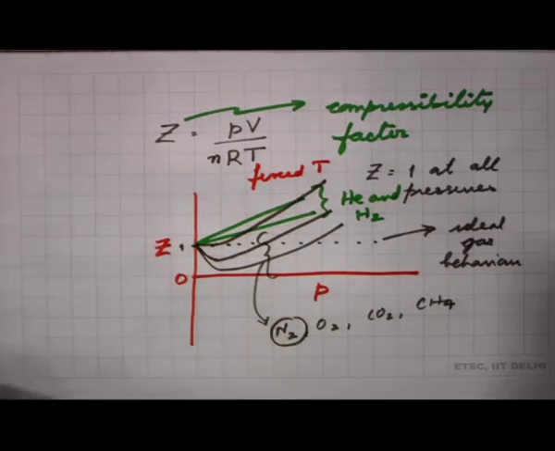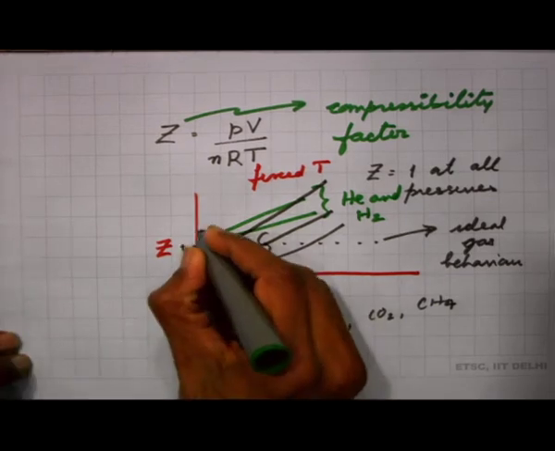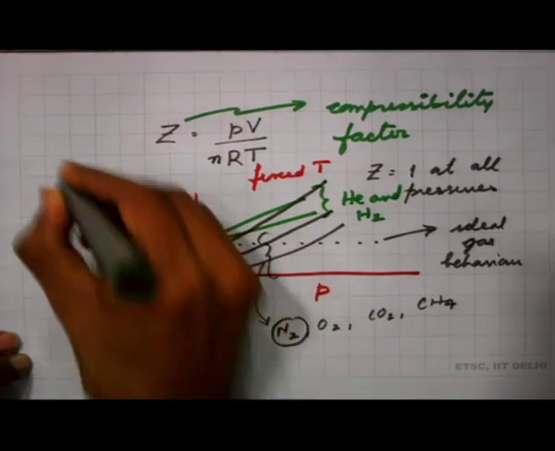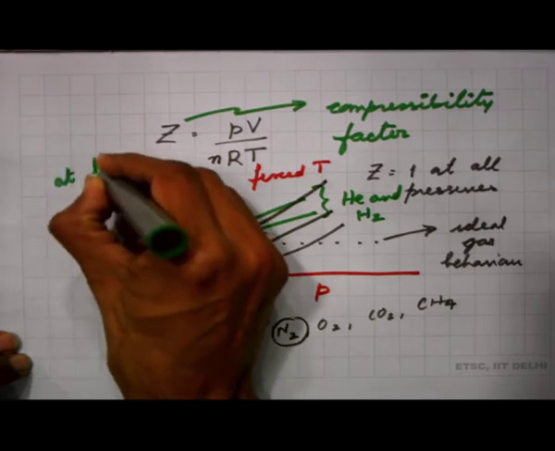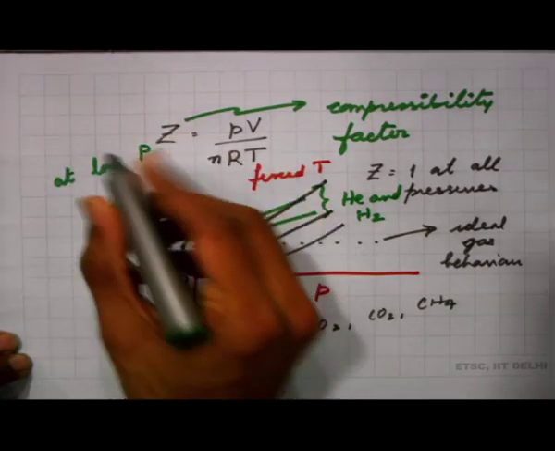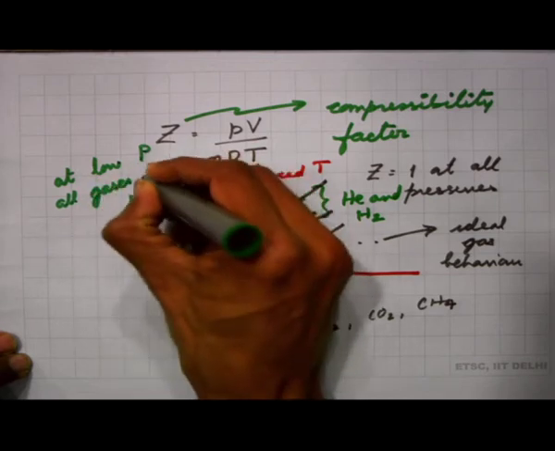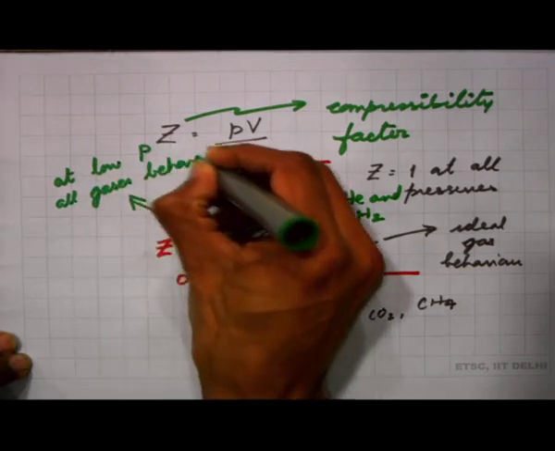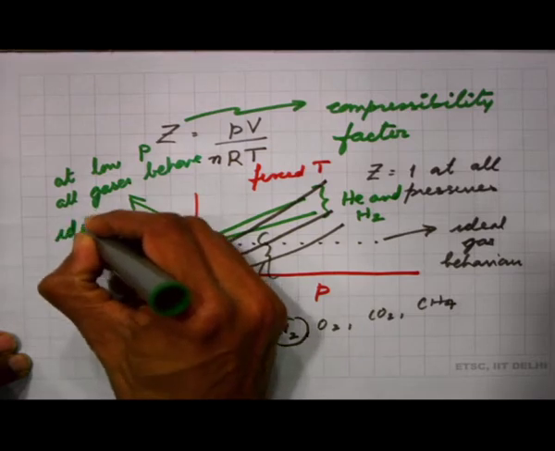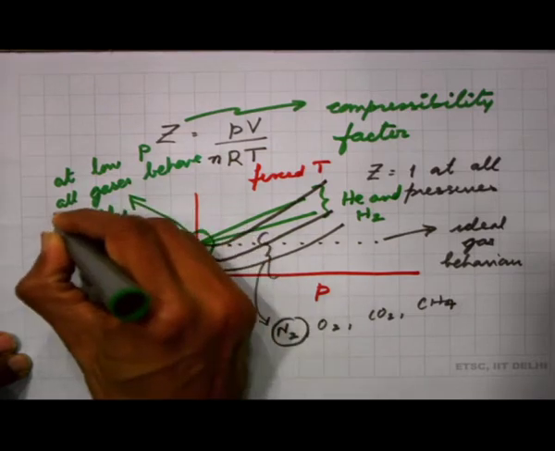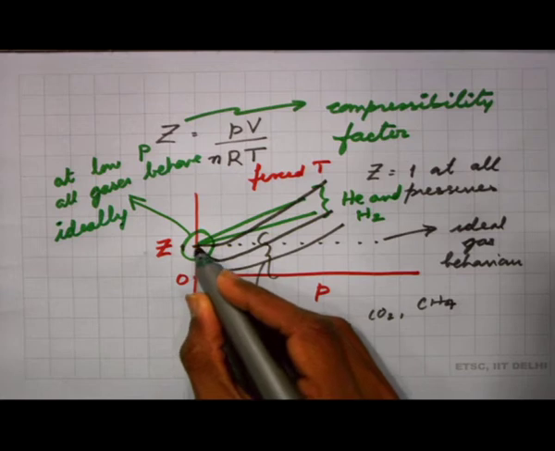So, this point, that is the other thing to observe. So, let me draw this here: at low pressures all gases behave ideally, which is why Z starts at 1 for all gases.